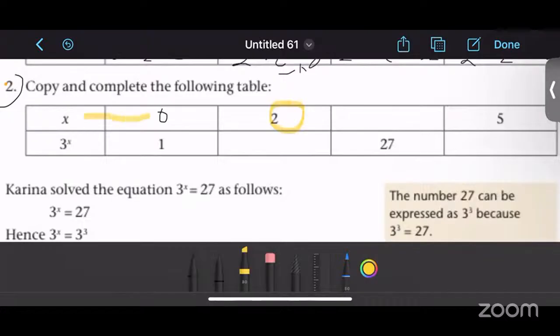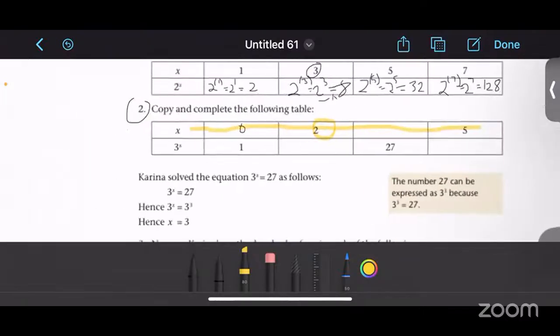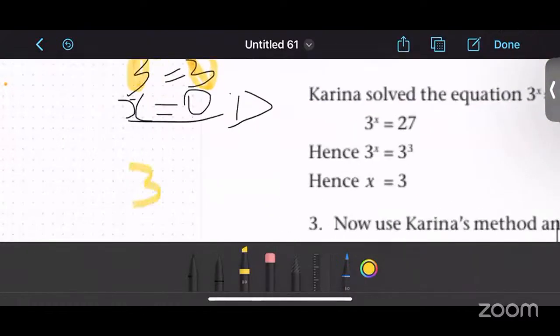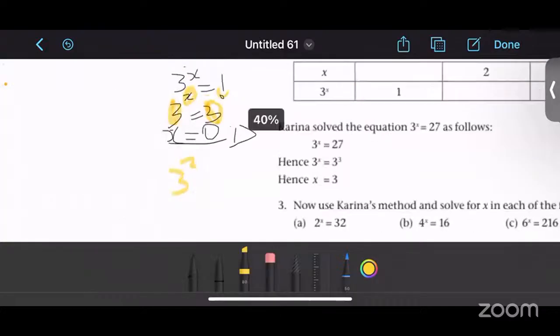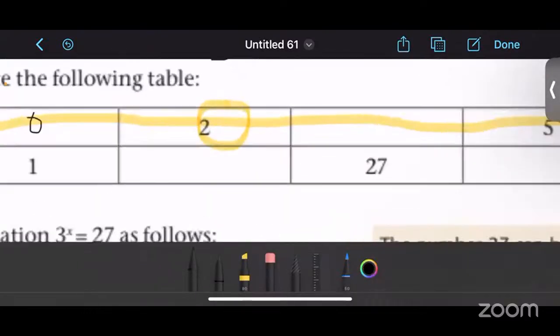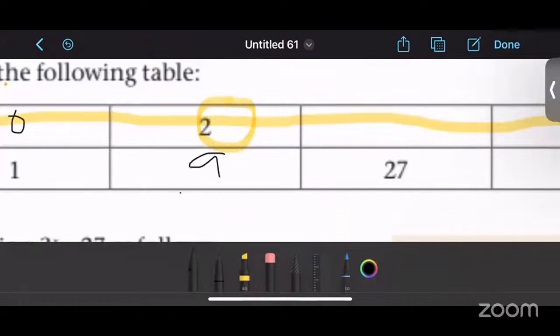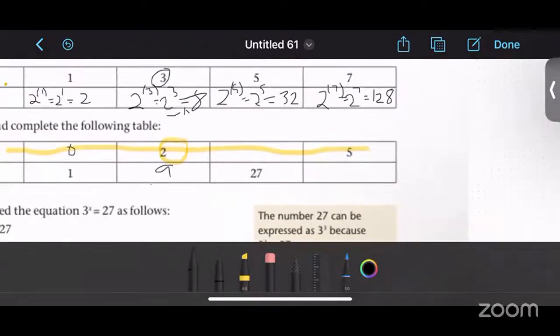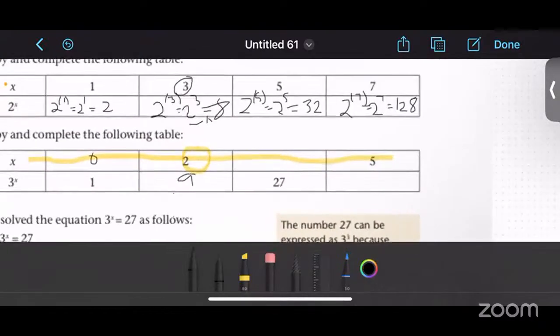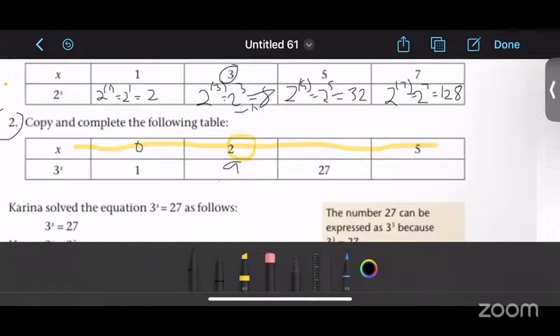Remember, these are x values. 3 to the power of 2. Perfect. So it's 3 to the power of 2. How much is that? It equals 9. Perfect. Absolutely perfect.